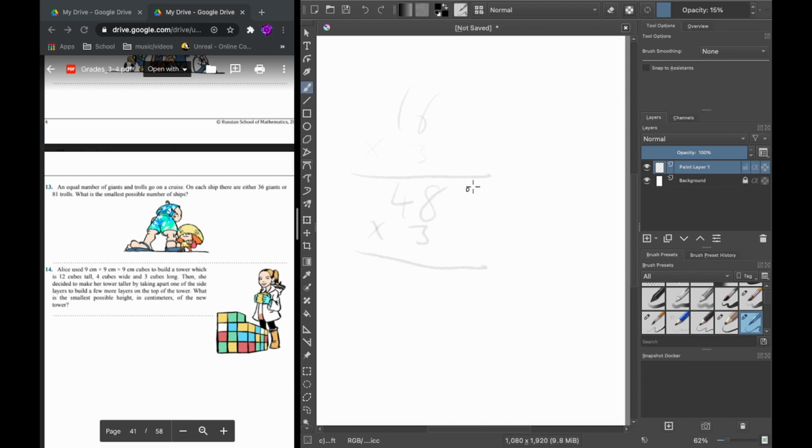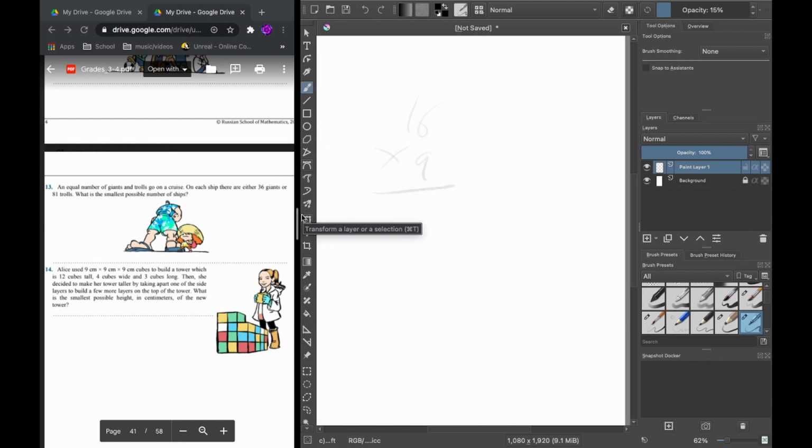Wait a second. No. This is all wrong. You have to do 16 times 9. You're only figuring out the height of the tower. So you're just going to do 16 times 9.